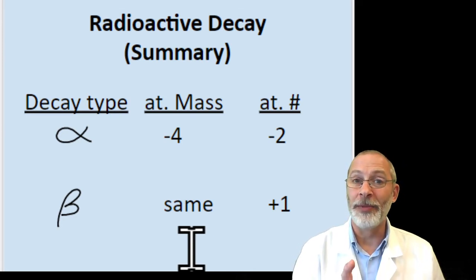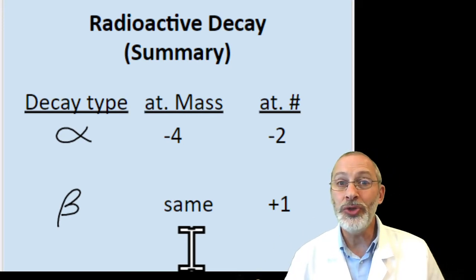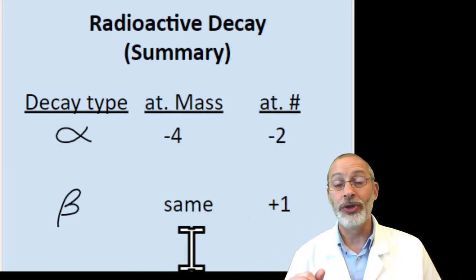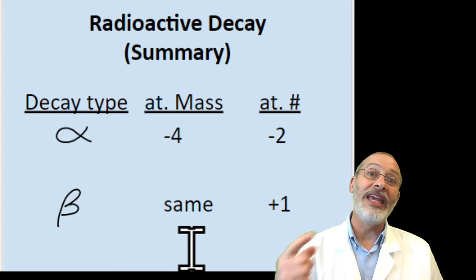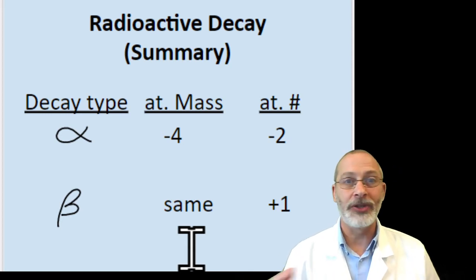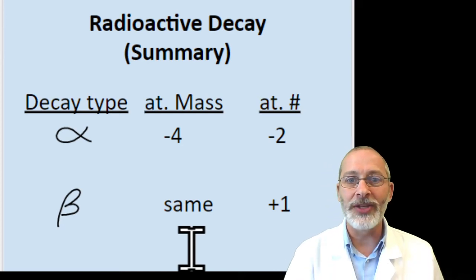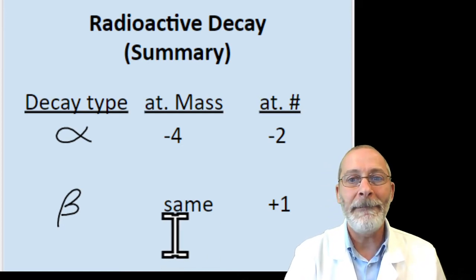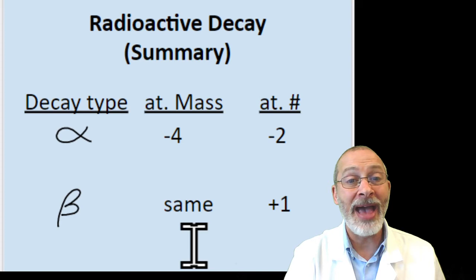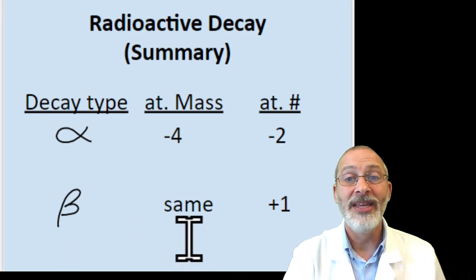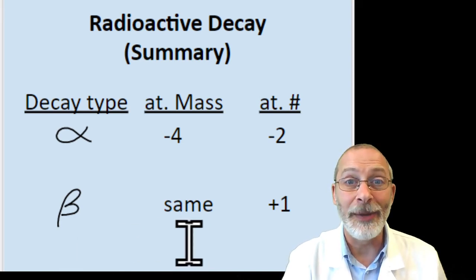Think about it for a moment. You're losing a neutron, so the mass would go down by 1, but you're gaining a proton, so the mass goes up by 1. So there's no net gain or loss in the atomic mass. The atomic mass during beta decay stays the same.